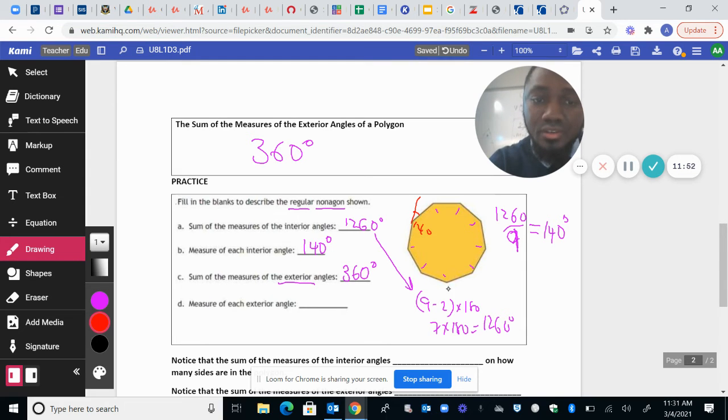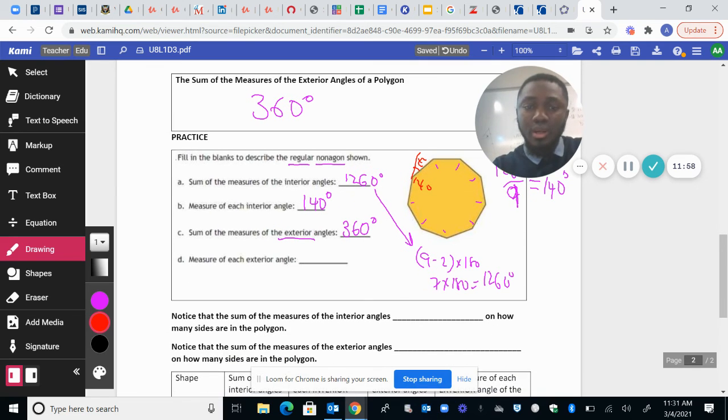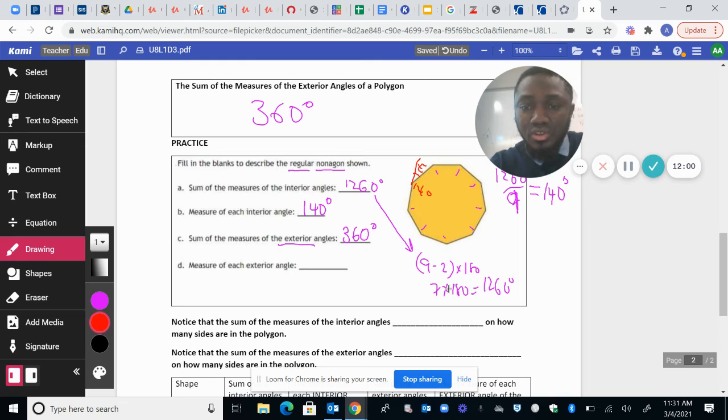Exterior is what we're looking for, but we know that interior plus exterior is 180, so I'm going to write E plus 140 equals 180. Then if I take away 140 on both sides, E is 40.